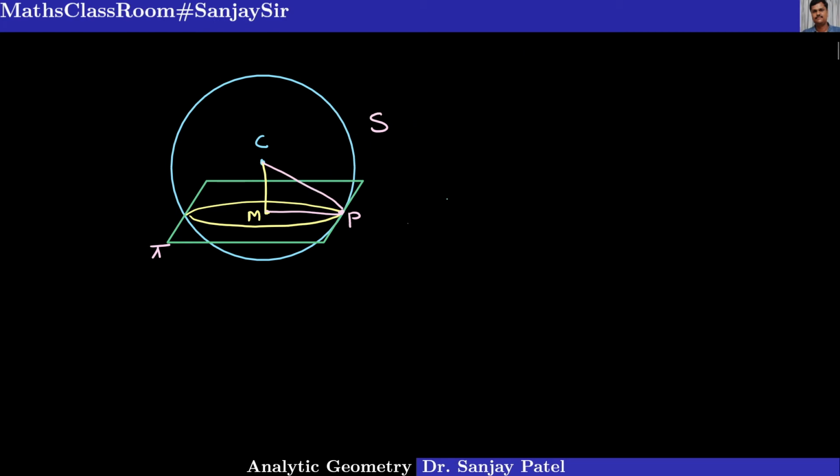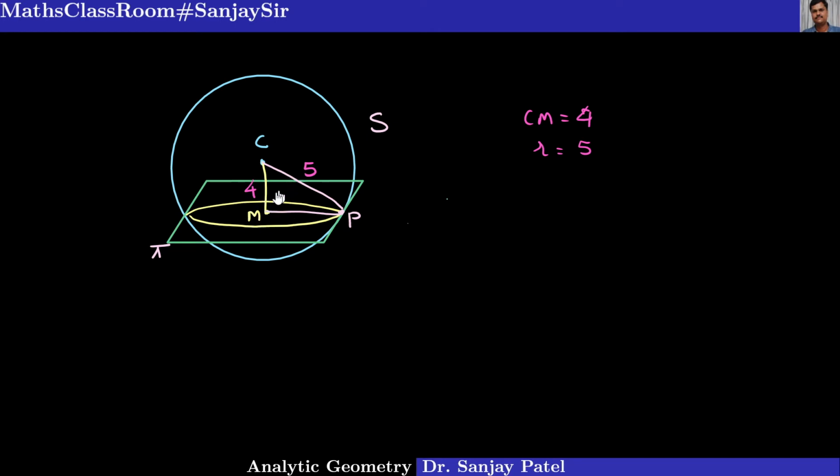So this is 5, this is 5, and the length CM is 4. We know that CM is equal to 4 and the radius r of the sphere is 5, and CM is less than r, so the plane intersects the sphere.